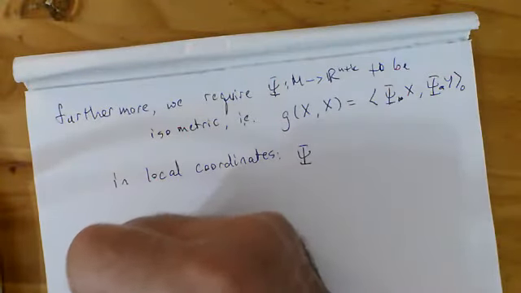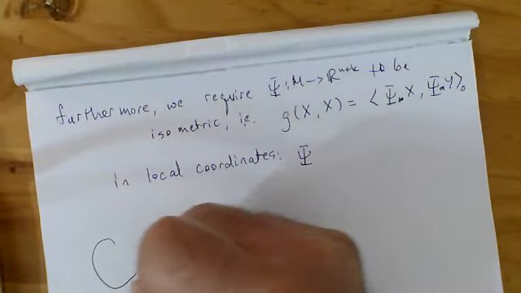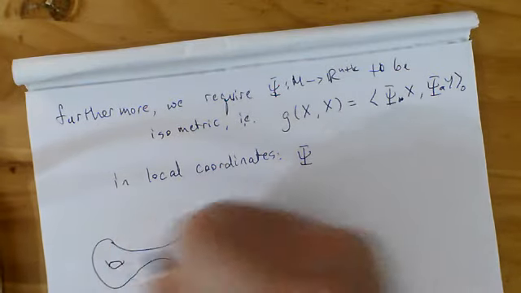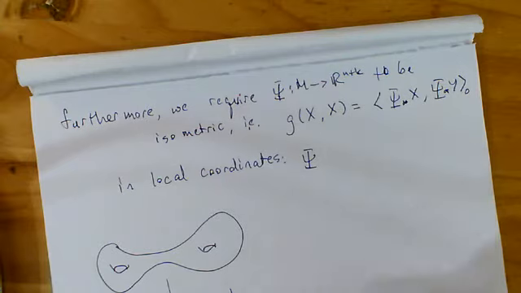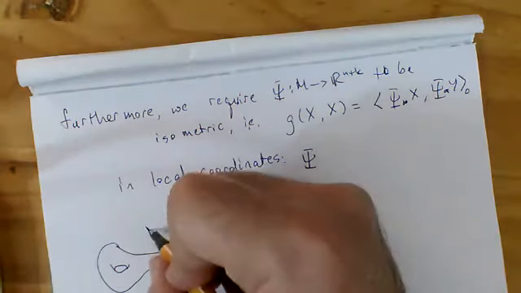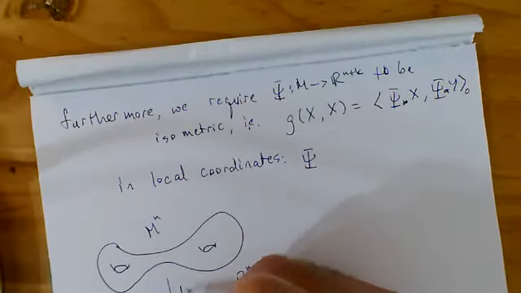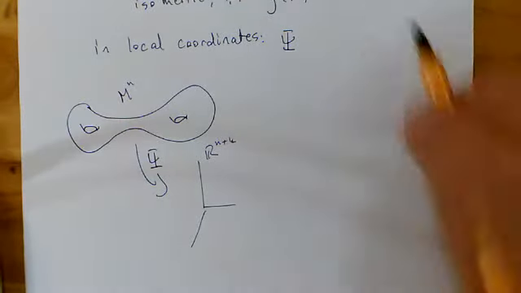Here's my manifold. My manifold might have some complicated topology. And I'm putting this into my higher dimensional Euclidean space.